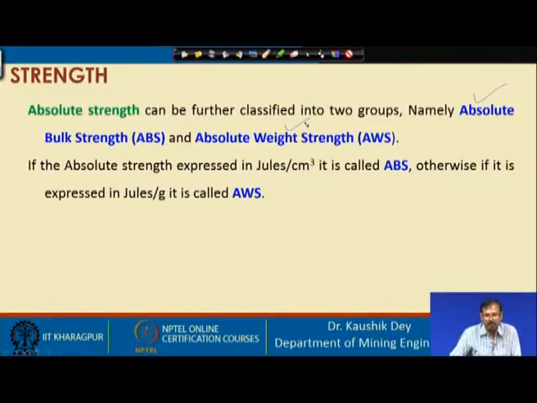Absolute strength expressed in joule per centimeter cube or calorie per centimeter cube is called absolute bulk strength. If it is expressed in calorie per gram or joule per gram, then it is called absolute weight strength. So, when the explosive is expressed in weight and the strength is expressed in joules or calories, it is absolute weight strength. If the explosive is expressed in volume and the strength is expressed in joules or calories, it is called absolute bulk strength.